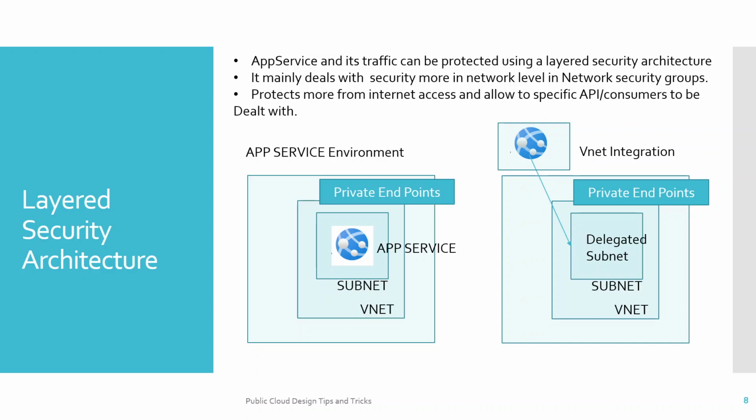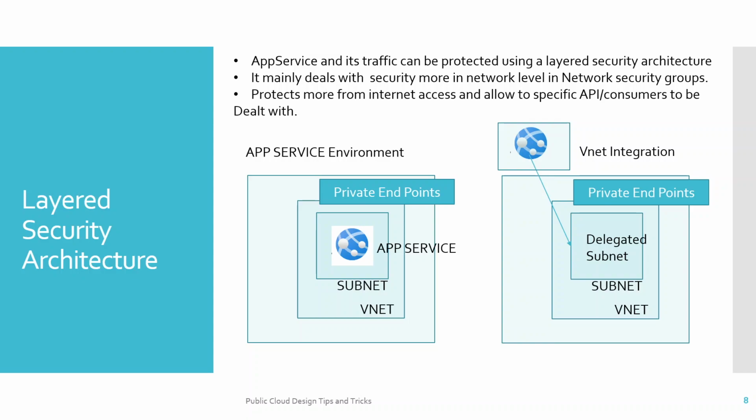In a VNet integrated scenario, the App Service is always on the Microsoft public side, but in that case you are attaching the traffic originating from that particular web application to a delegated subnet. That delegated subnet will take care of where the traffic goes from this particular App Service, so you are also protecting the outbound traffic by doing this.